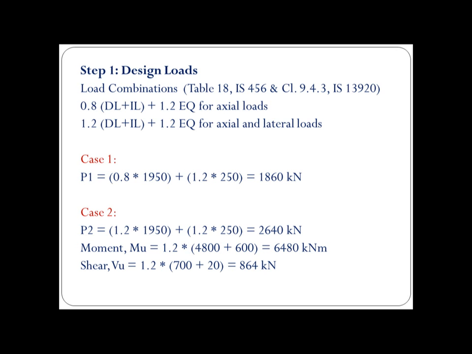In case 1, 0.8 times dead load plus 1.2 times earthquake load, what we get is 1860 kilonewtons. Now this will be used for getting maximum uplift. And case 2, where axial load is 2640 kilonewtons, moment is 6480 kilonewton meter, and shear is 864 kilonewtons.